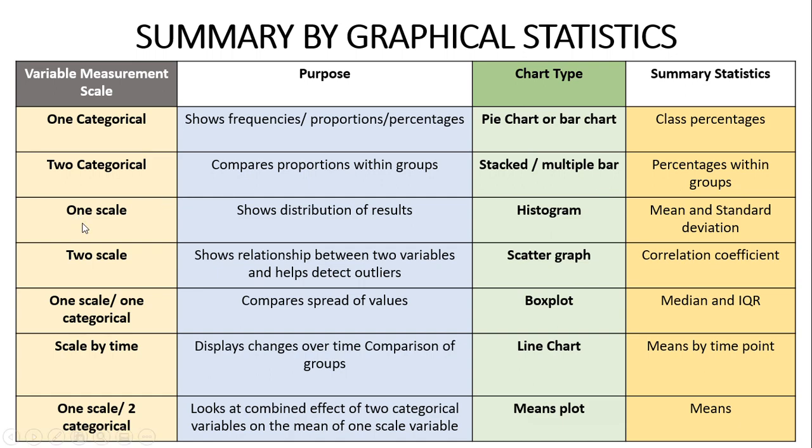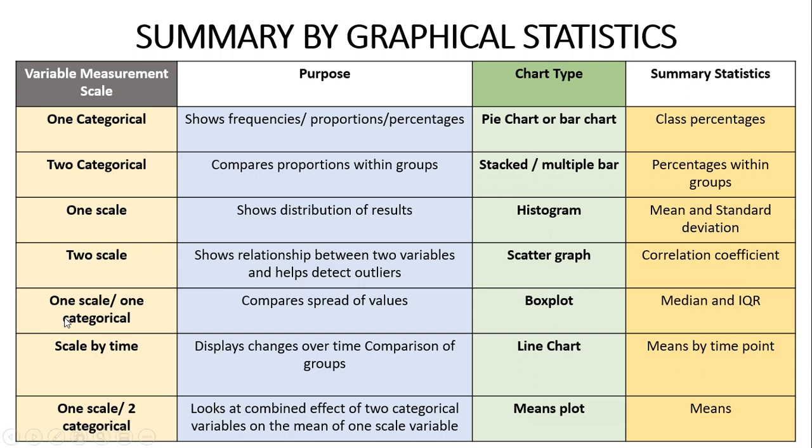If you are dealing with a scaled variable, ratio and interval variable, and your purpose is to show the distribution of results, then you should use a histogram. As summary statistics, you can use mean and standard deviation. If you have two scale variables, meaning two ratio scale variables, then you can use a scatter graph to show the relationship as well as to find outliers in the data points. And the summary statistic you can use here is the correlation coefficient.